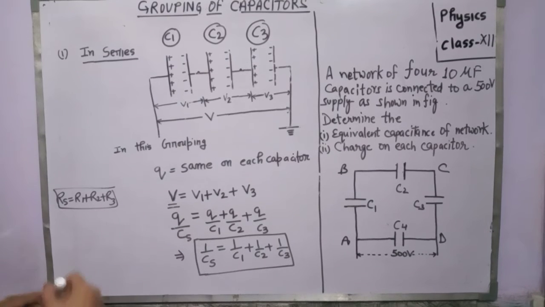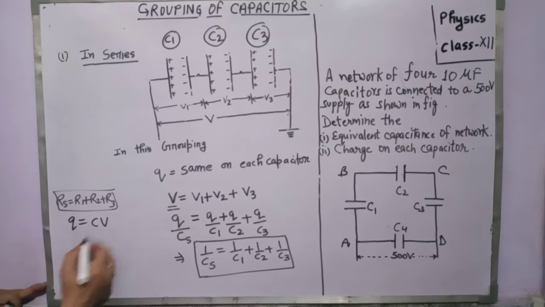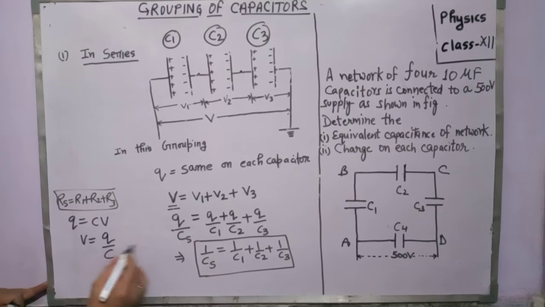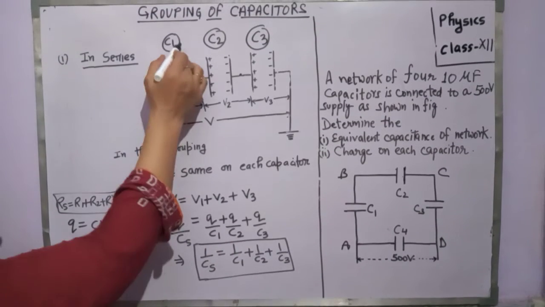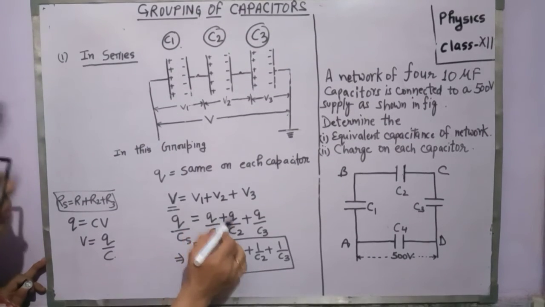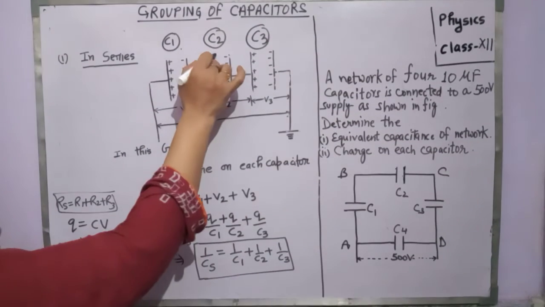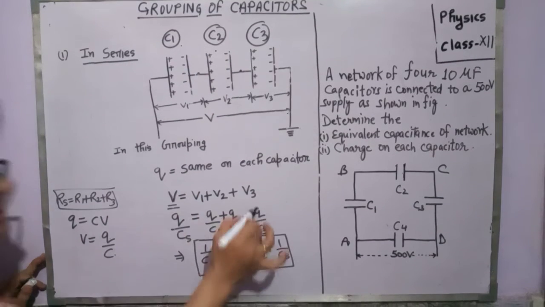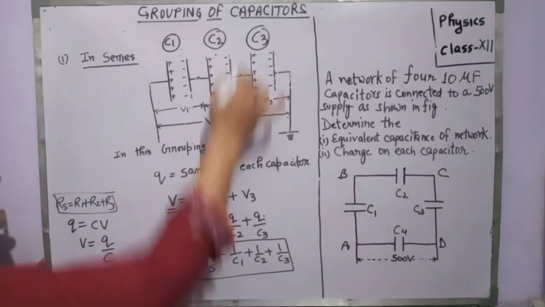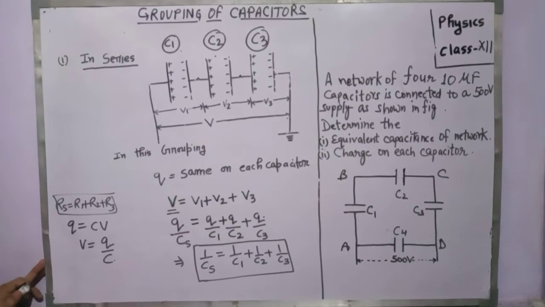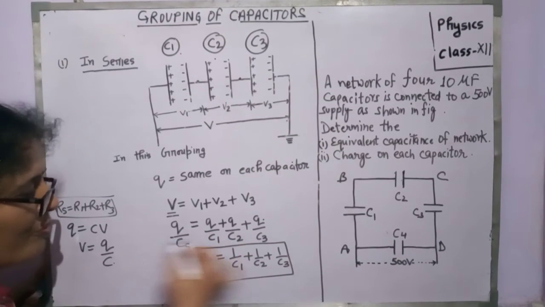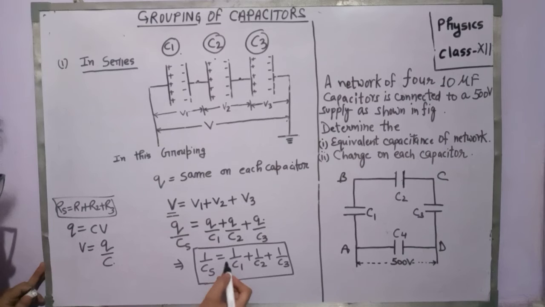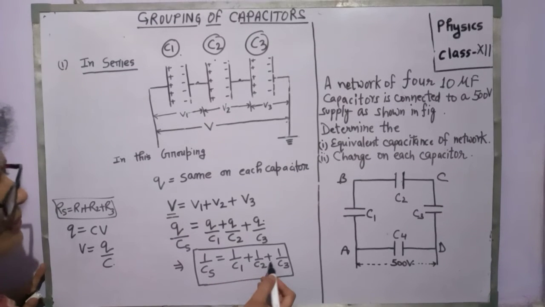Now you know that Q is equal to CV, this means V is equal to Q upon C. For V1, since charge is the same, we can write Q upon C1, plus for V2, Q upon C2, plus for the third, Q upon C3. From this, Q comes outside the bracket and Q cancels out from both sides. We get 1 upon Cs is equal to 1 upon C1 plus 1 upon C2 plus 1 upon C3.